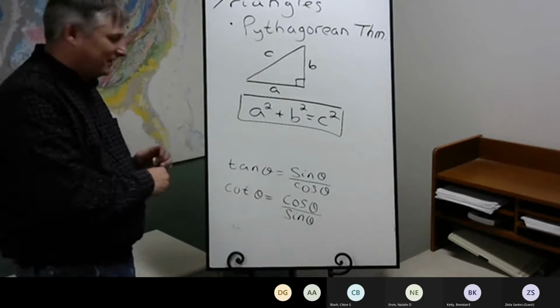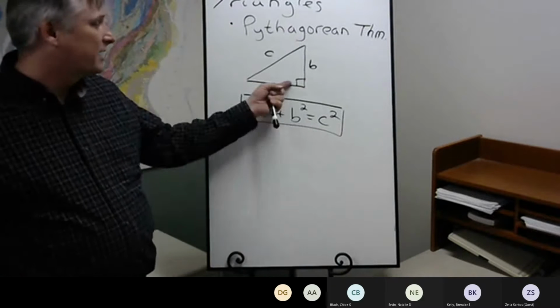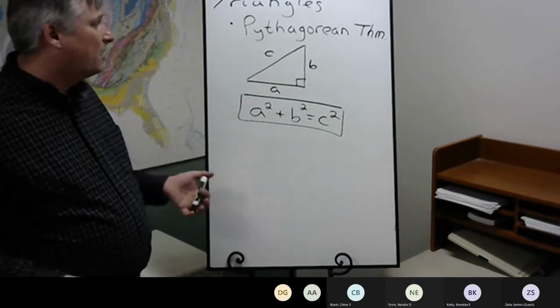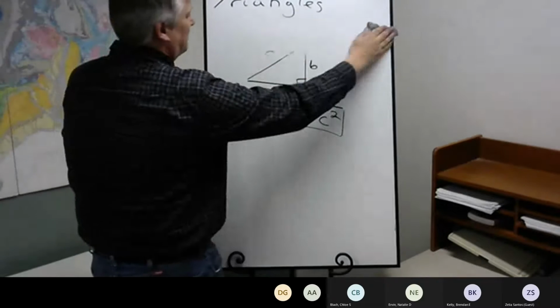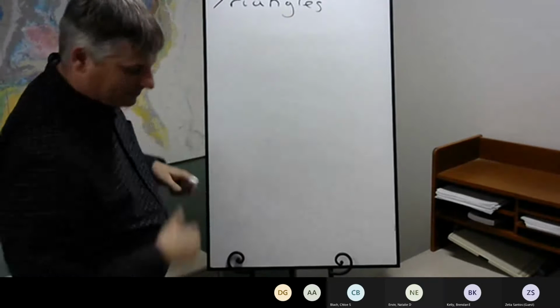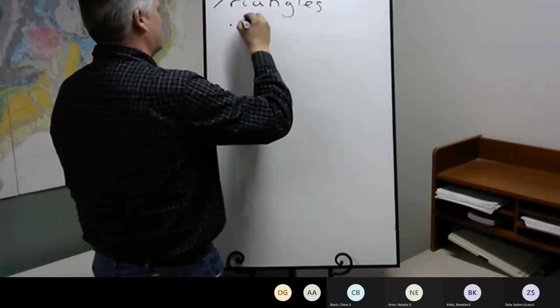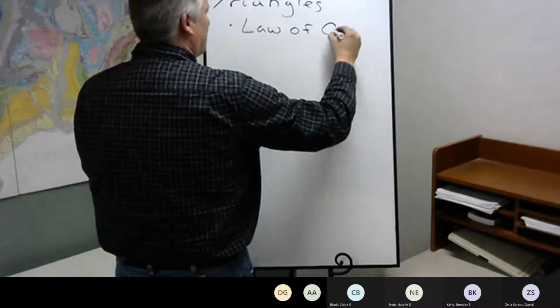All right. Now, other things with triangles, we're not just limited to right triangles. We can actually solve other triangles using different rules. Law of cosines.